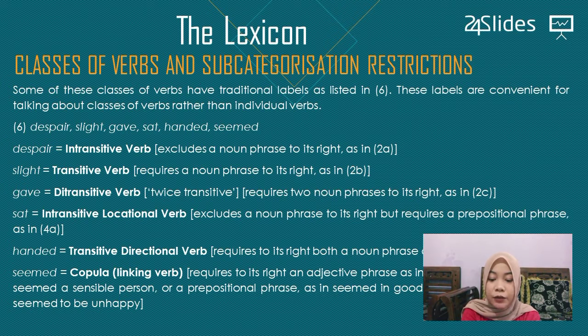Gave, the ditransitive verb, requires two noun phrases to its right as in 6c. Then sat, intransitive locational verb, includes no noun phrase to its right but requires a prepositional phrase as in 6d. Then handed, transitive directional verb requires to its right both a noun phrase and a directional phrase.